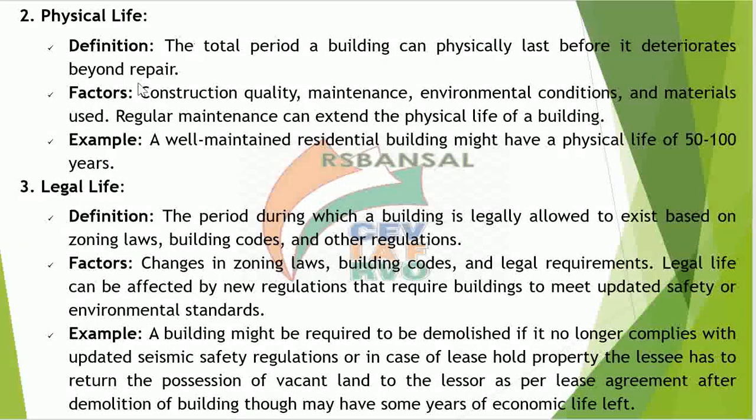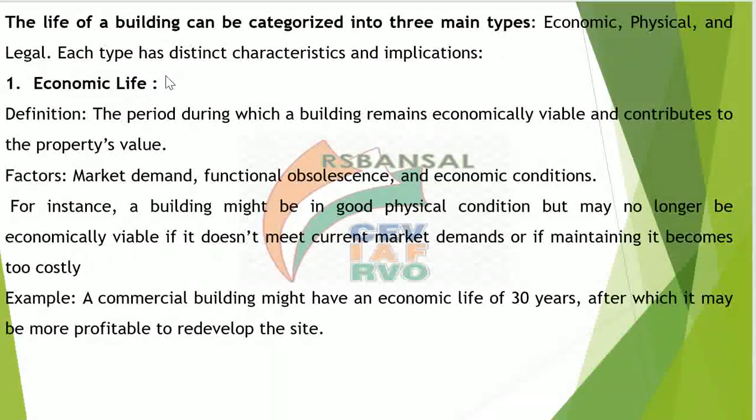Next is physical life. This is the total period the building physically lasts before it deteriorates beyond repairs, meaning beyond which you cannot use it safely. Let us suppose the economic life of a building has come to an end, but it can still be used safely.